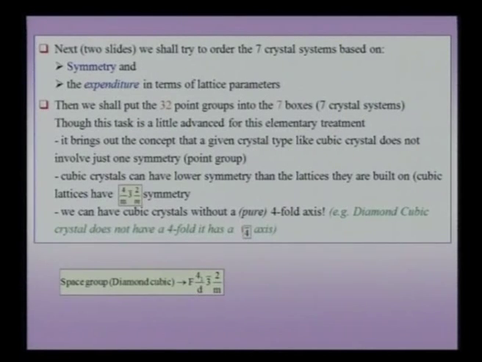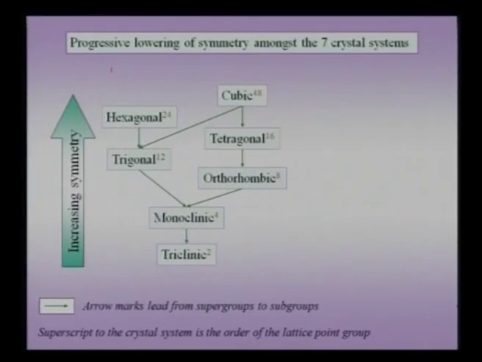So we will now try to classify the 7 crystal systems based on symmetry and also based on the expenditure of the lattice parameters. First, based on symmetry, we have already seen the lowest symmetry one is the triclinic crystal and the highest symmetry one is the cubic crystal. The way this ordering is done is that we locate the order of the point group. If you take a cubic crystal, we try to see how many independent symmetry operations the holohedral cubic crystal has.